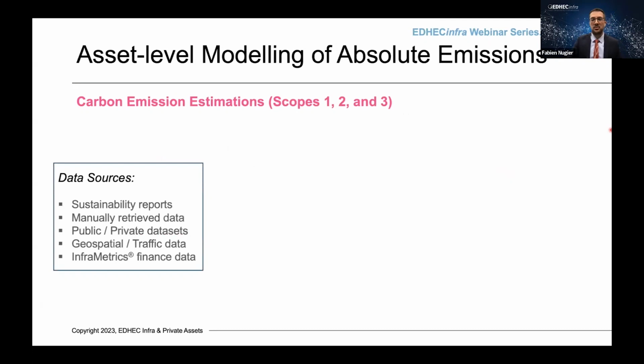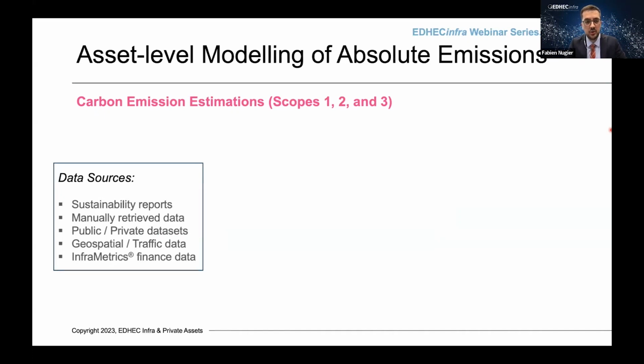So let me now describe roughly how our models work. So first, we rely on data. So we use different sources. We use sustainability reports data, manually retrieved data, public, private data sets.